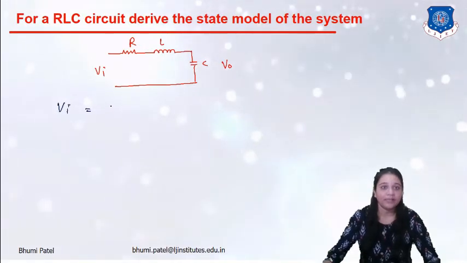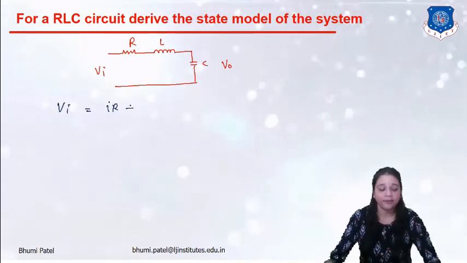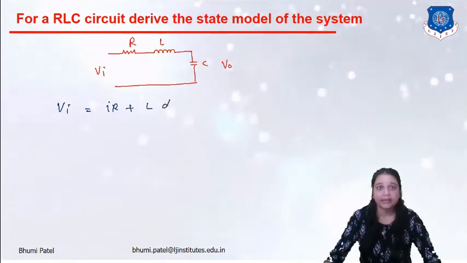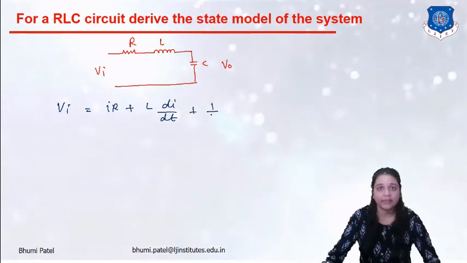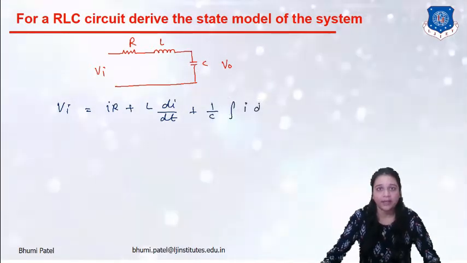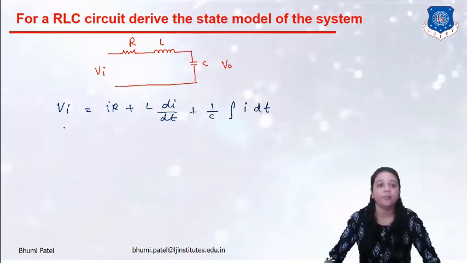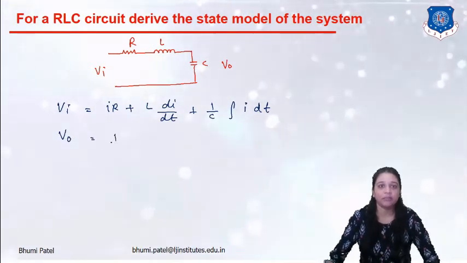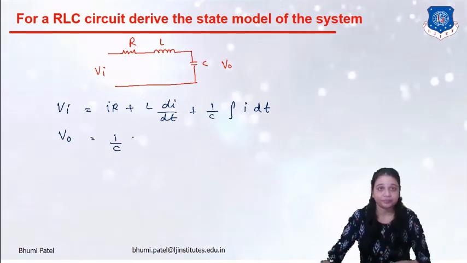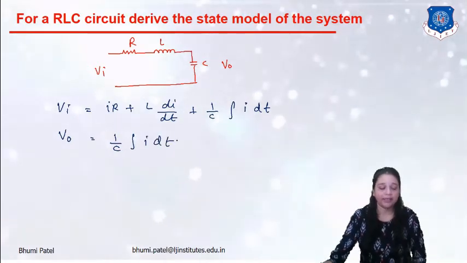Vi, the input voltage, is equal to I into R plus L di by dt plus 1 by C integration of I dt. This is the equation of the input voltage. For the output voltage, V0 is equal to 1 by C integration of I dt.